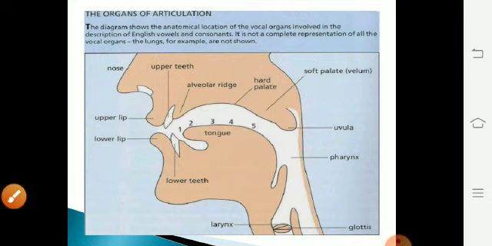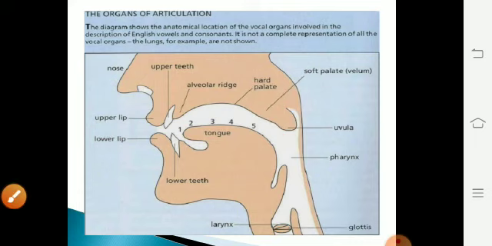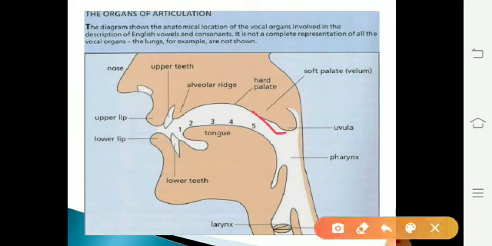Second position is when the soft palate is lowered, and the passage into the nose is opened. The mouth passage is blocked by closing of the lips or by making the tongue touch firmly some part of the roof of the mouth.